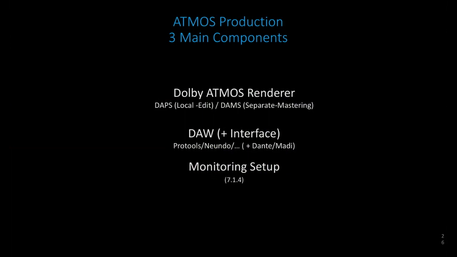But any form of monitoring where you can hear some heights and some surrounds will be good enough. And if you have these three components, you're probably 70-80% ready to go. Maybe there are some details you need for setting it up and running the lines through and understanding the concept of how to print the master. But it all boils down to these three elements. That's amazing. Thank you, Jeff.